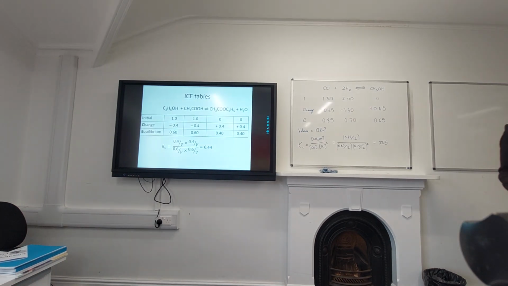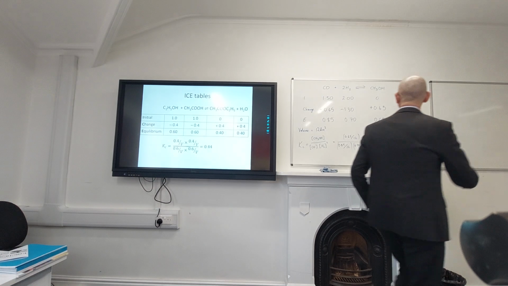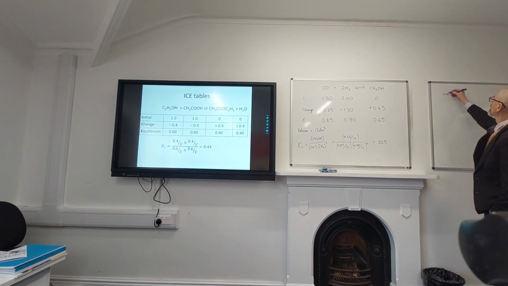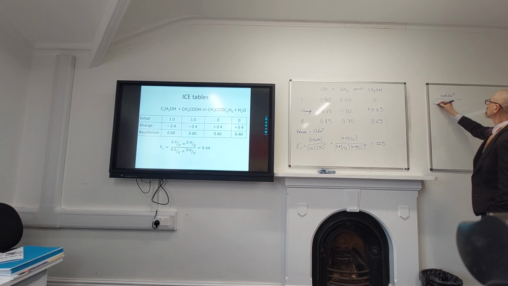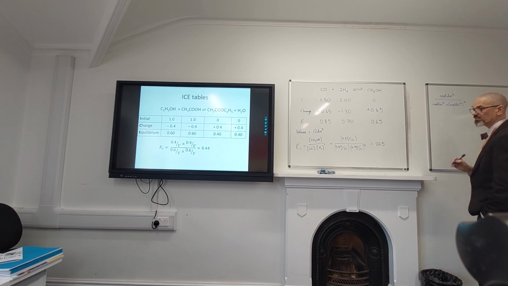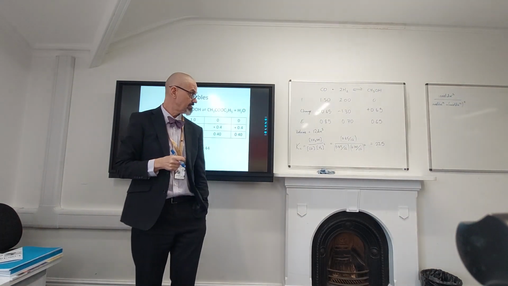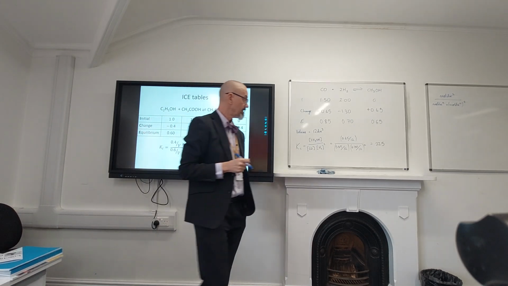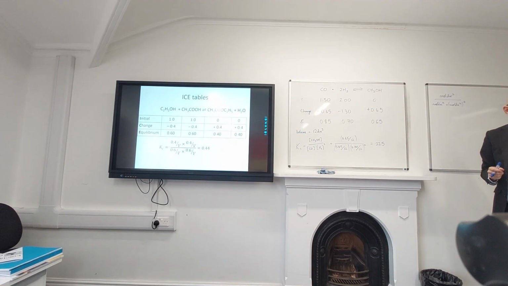We need some units now. Mole per dm cubed on the top. We've got mole per dm cubed times mole per dm cubed squared on the bottom. How does that all cancel out? Got to do the bits separately.